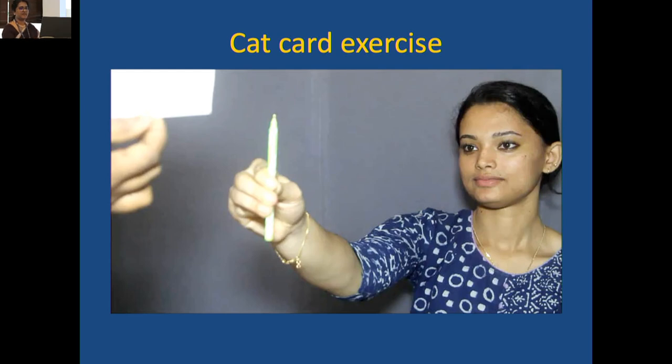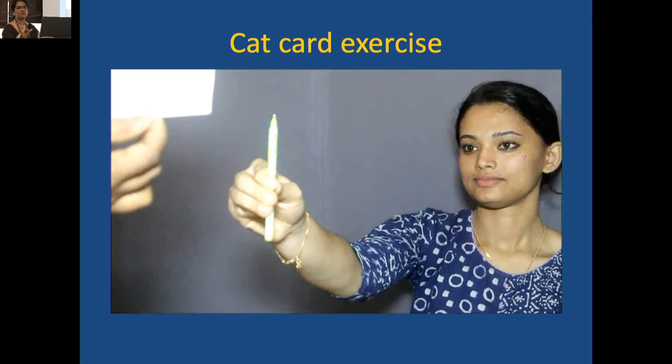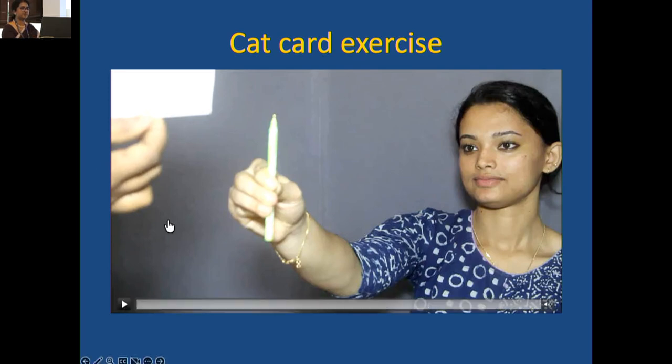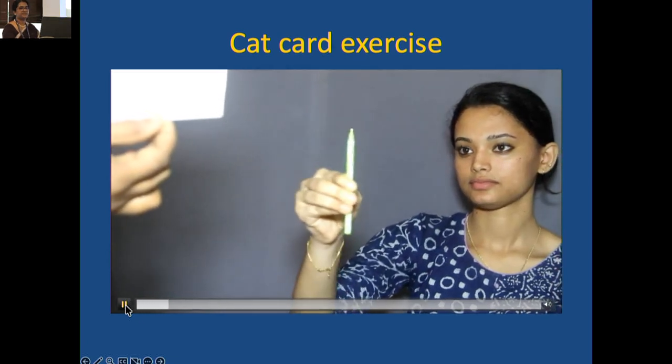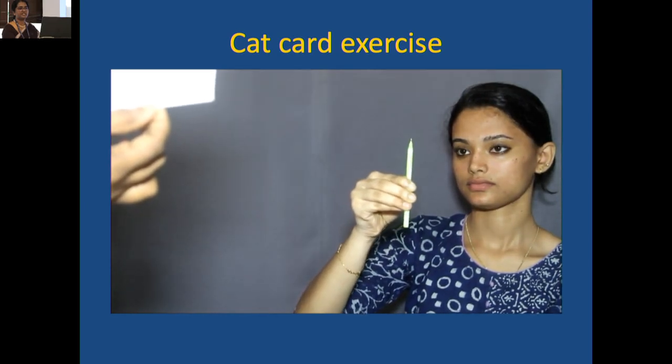This is important because what we are basically doing is keeping the accommodation in check, at a stable distance, and then using convergence to improve our convergence facility. That is how you treat it. Just see the video now. Now bring the tip of the pen closer and look only at the tip of the pen.